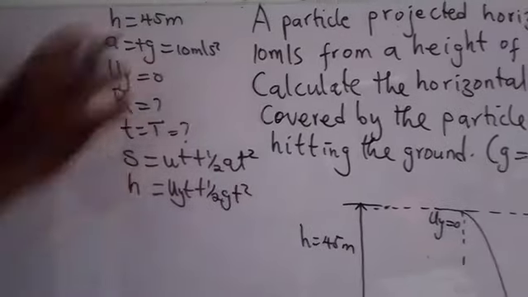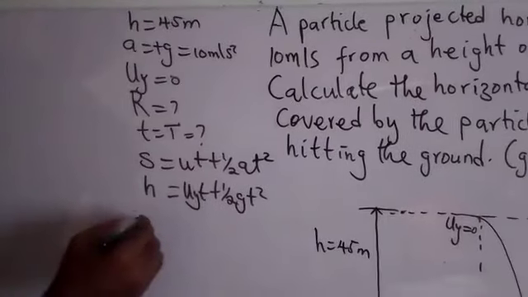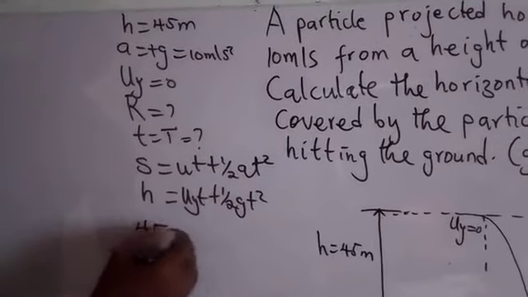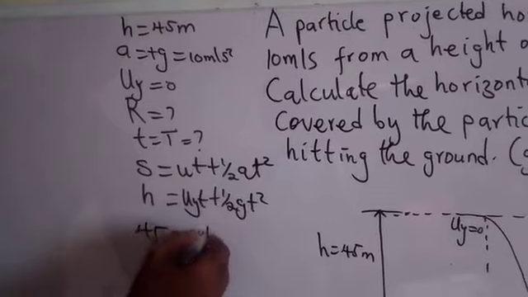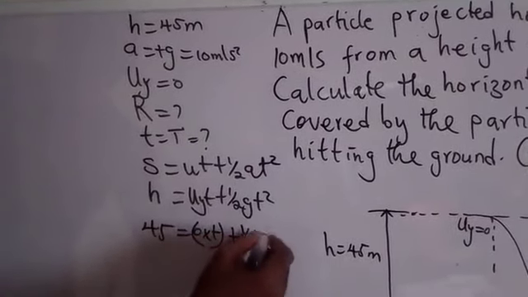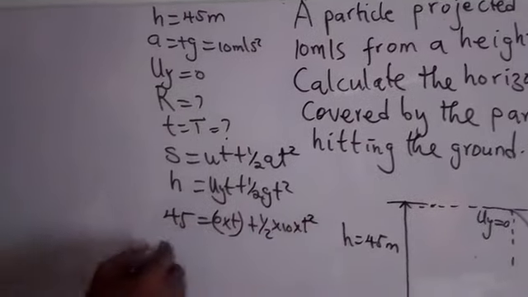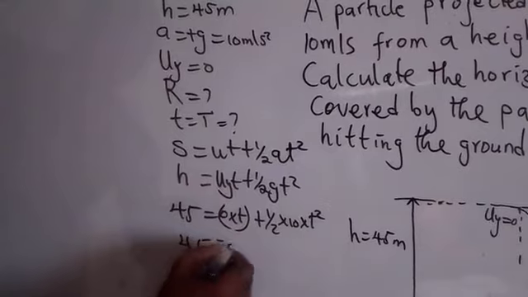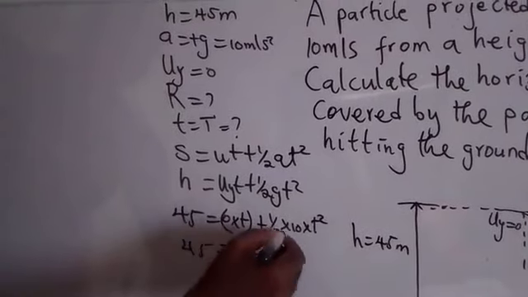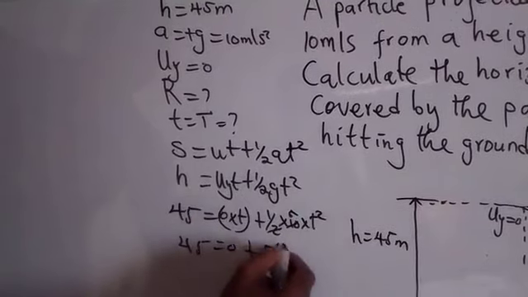Remember, gravity affects vertical motion, so it's important here, and it's going to be retained. Height is 45. This is 0 times t, which will make here 0, plus half 10 times t squared, because we're looking for that t. So we have 45 equal to 0 plus half times 10 is 5, so have 5t squared.